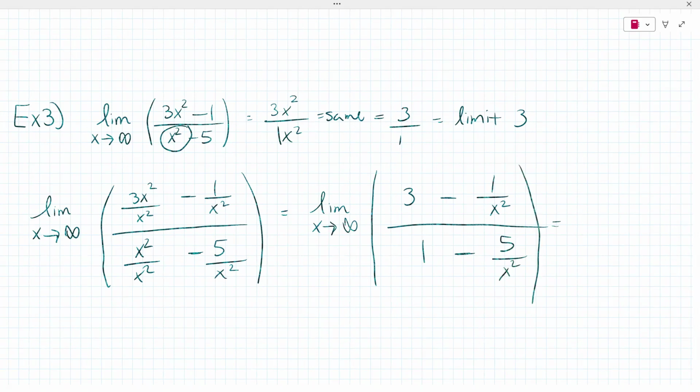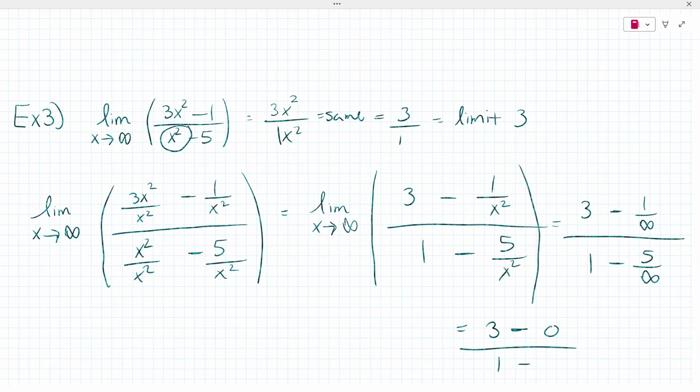Then go ahead and put your infinity. So this is going to be 3 minus 1 over infinity, over 1 minus 5 over infinity. So 3 is just 3, minus 1 over infinity, or 1 over a very large number, is 0.